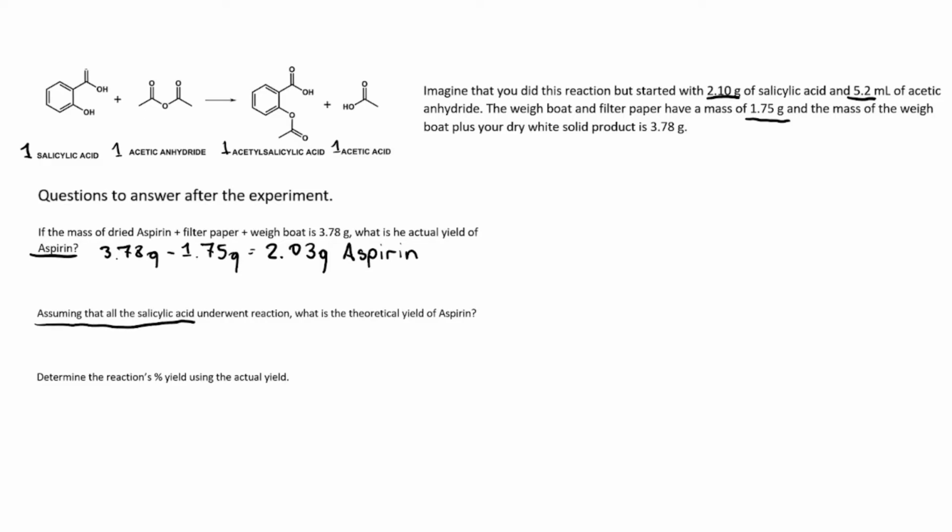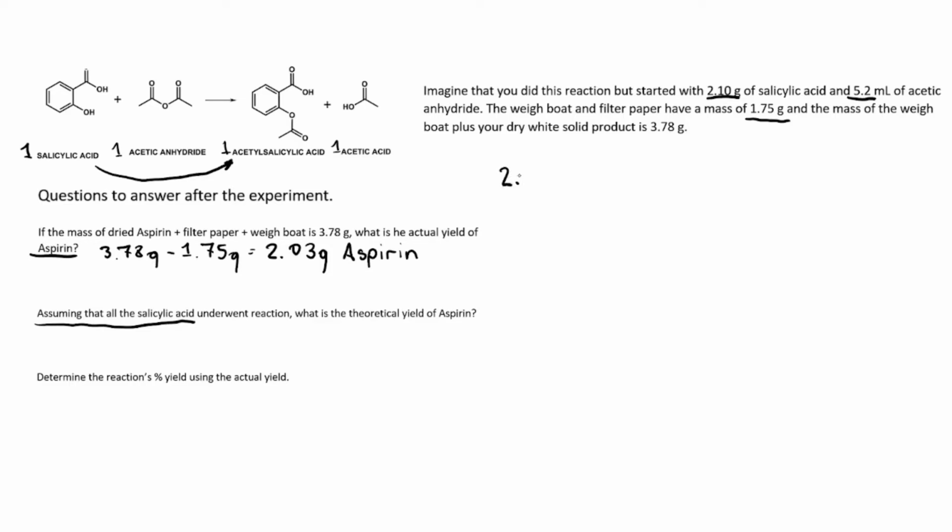That means we used all that we could. So now all we have to do is convert our salicylic acid to our aspirin. So grams of salicylic acid to grams of acetylsalicylic acid. So let's set that up. That is a dimensional analysis question.